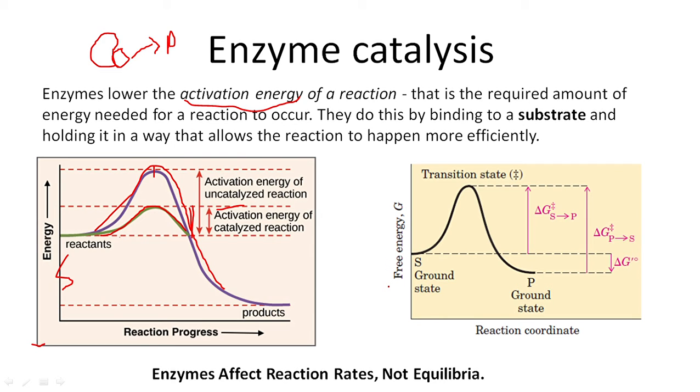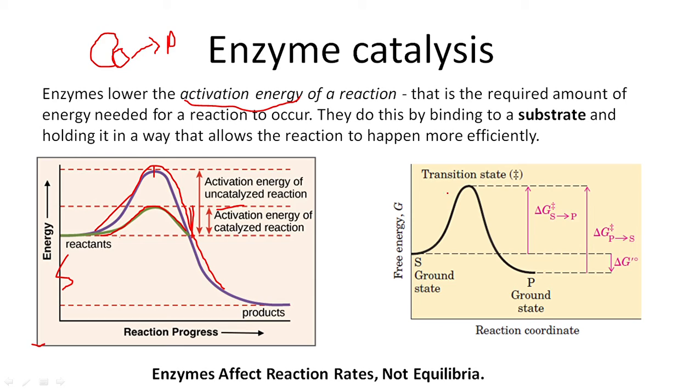every compound has its free energy that is denoted by G. So S, which is the substrate, in its ground state has an energy that is denoted by G, and the same goes for P in its ground state. Now what the enzyme does is it lowers the activation energy or energy barrier.